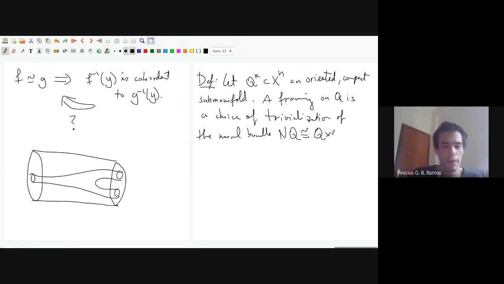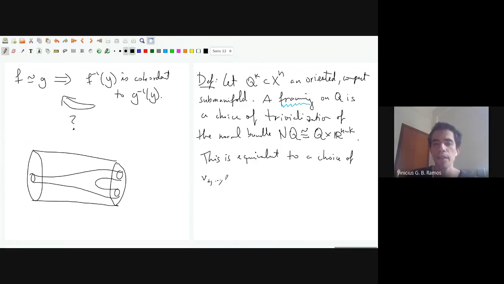So when you choose a way to trivialize a normal bundle, that's called a framing. So this is equivalent to a choice of frame. Well, let me say what it is instead. It's equivalent to a choice of vector fields.